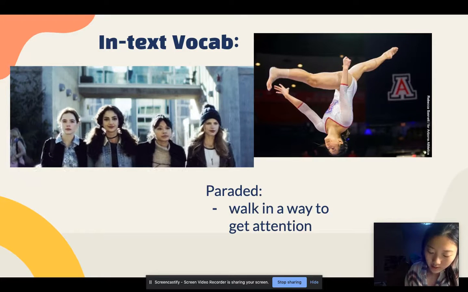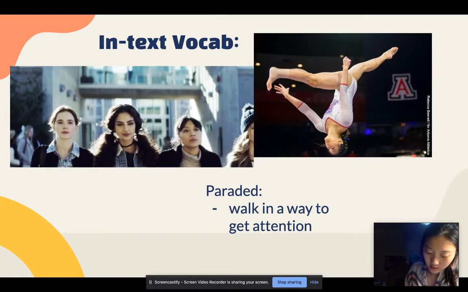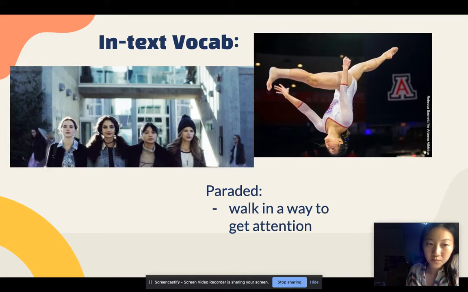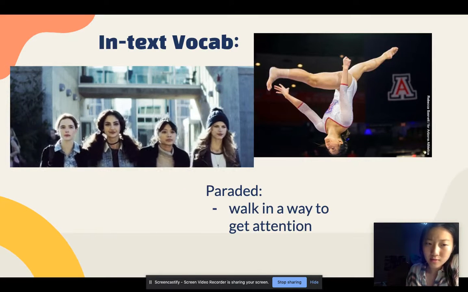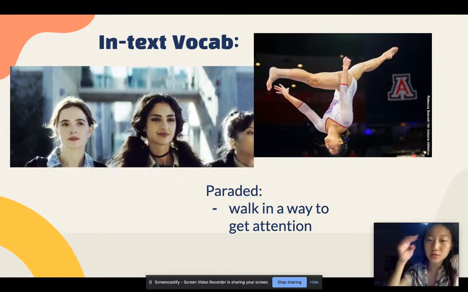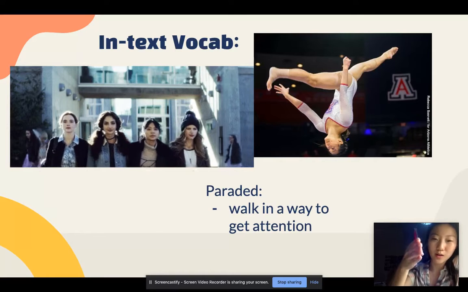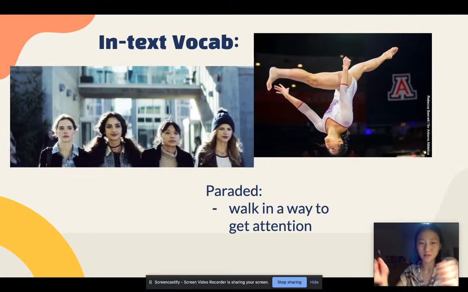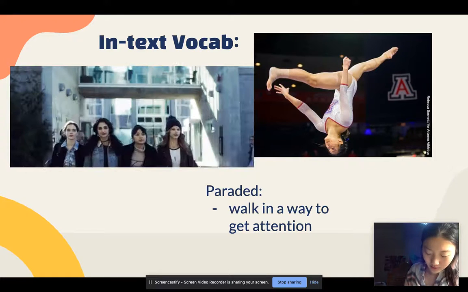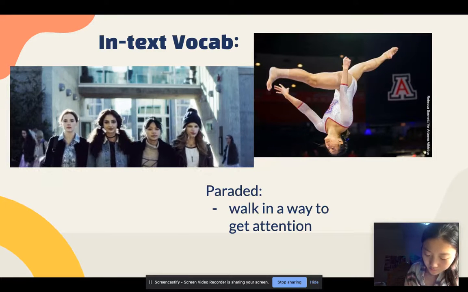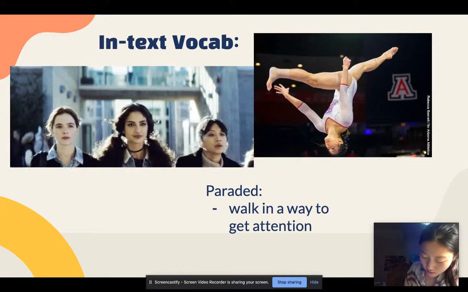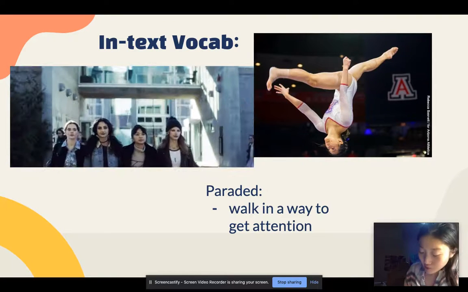So we're going to write example, EX, and then if you guys have seen Mean Girls, like the popular girls, there's a very common scene in TV shows where the popular girls will parade through the halls and everyone kind of parts and just stares at them in awe. So we're going to write a sentence like that. The popular girls, or boys can parade too.